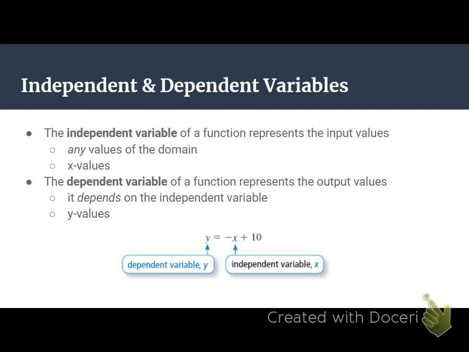So we've got a lot of words that we need to be associating together. Independent variable, input, x, domain. All of those get associated together. Dependent variable, output, range, y value.